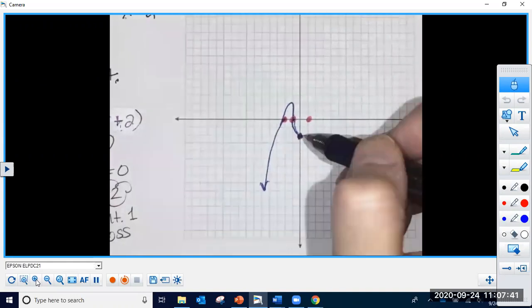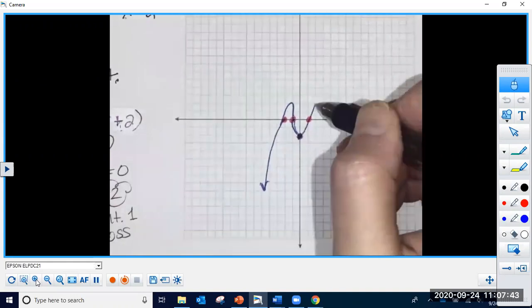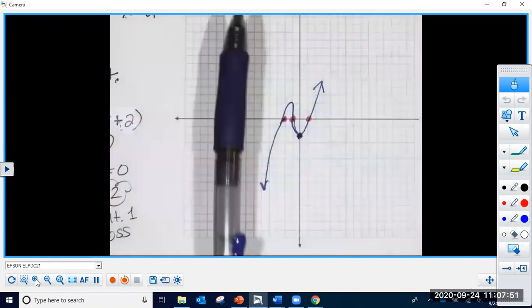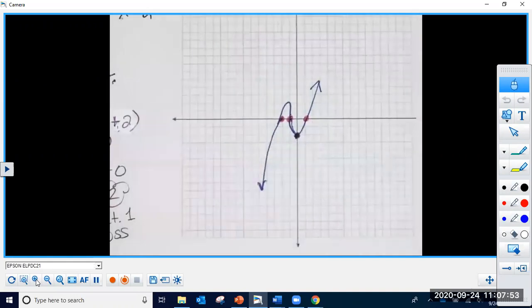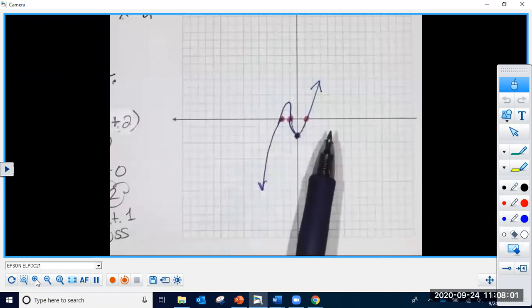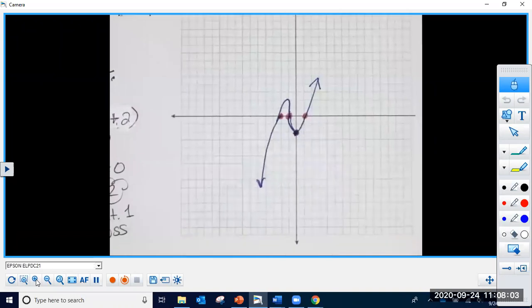And it's going to come back up, and it also crosses through that graph. If you get your multiplicities right, then when you graph that other side, it should match up with your end behavior, and it does. And as you can see, it definitely doesn't have any symmetry, which is what we did find.